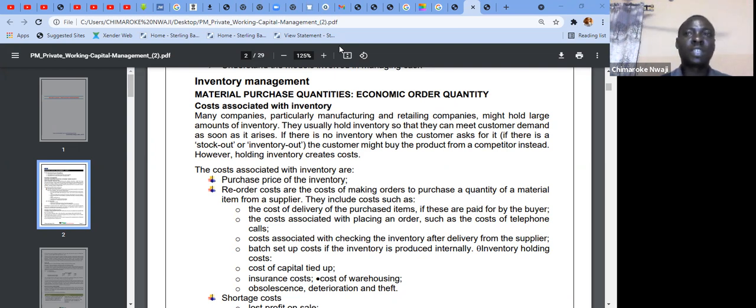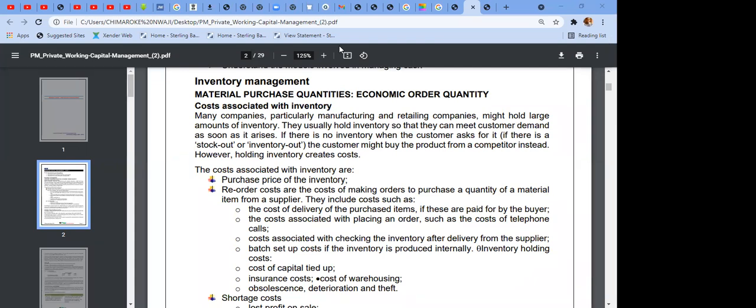Maybe it's drinks and it is near the expiry date, or it has expired, so you may have to throw them away. Or maybe the product is rotting, deterioration, or it may be broken in the case of bottles and all that, or theft. The cost of theft is also associated with holding cost.